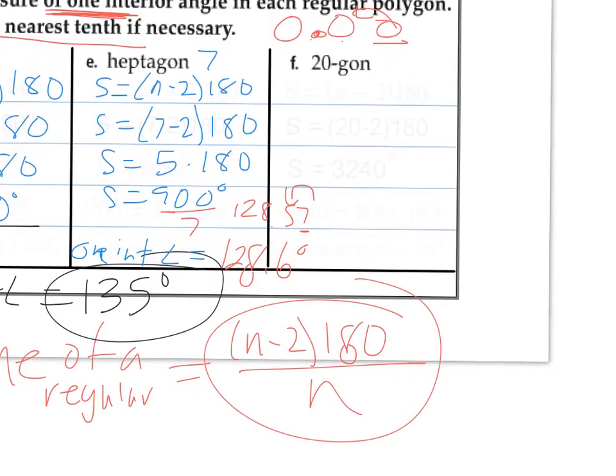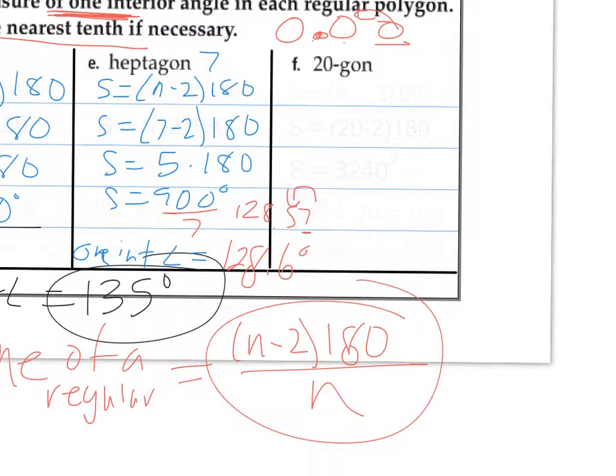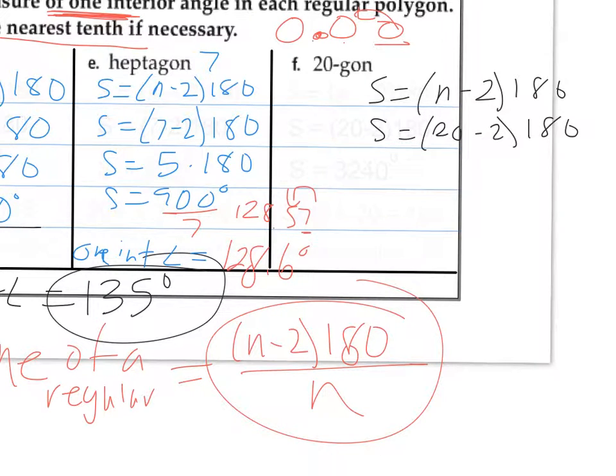All right, let's do this 20-gon. Let's try to be neat here. 20-gon, 20 sides. Formula. Plug in for the 20. That means there's 18 triangles at 180 degrees each, which means my sum is 3,240 degrees.